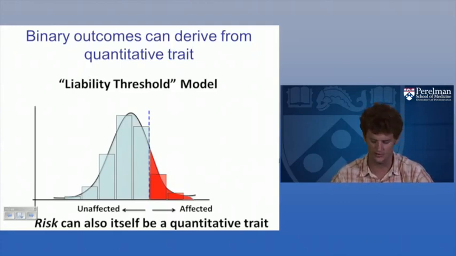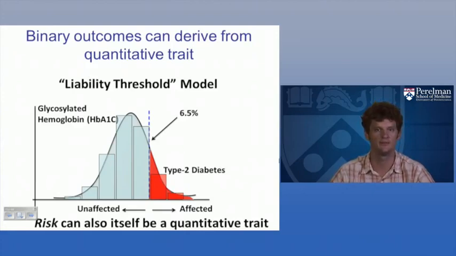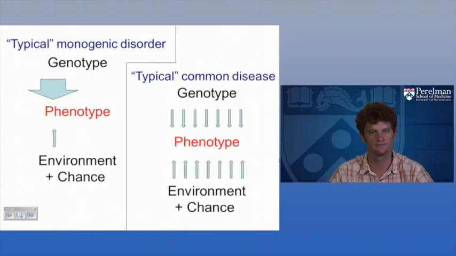And so, if you have too many of the bad alleles in this simple model, then you get over the threshold, and then you're affected, or you have a high risk of being affected. So here's an example with type 2 diabetes, where you can measure this underlying glycosylated hemoglobin, which is a trait which is continuously variable, but then type 2 diabetes occurs when you're at the high end there.